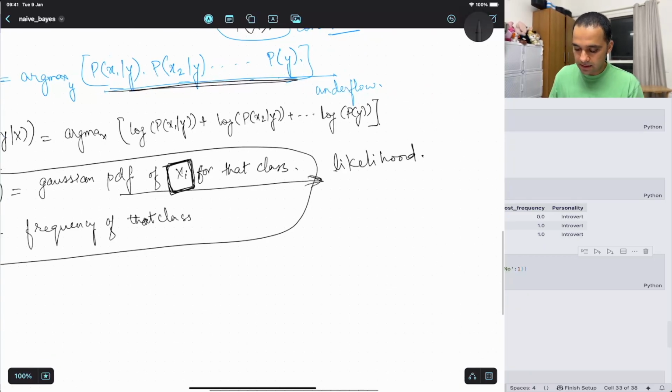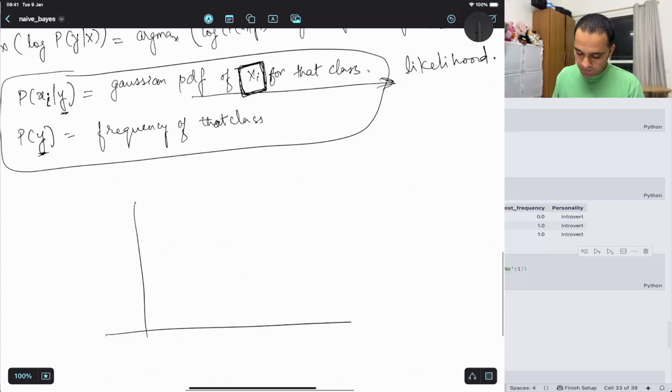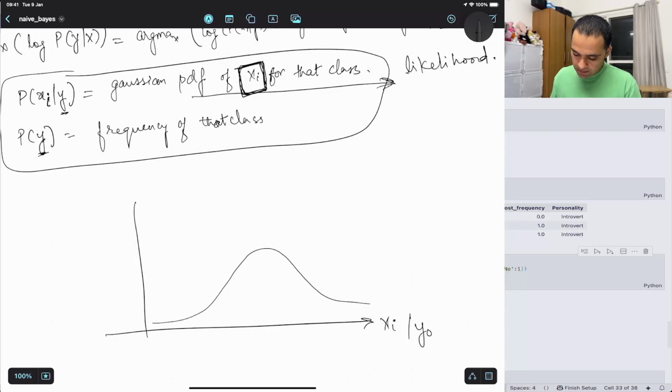So let me draw a diagram. Let's say xi is here for class y0, and its probability density function comes out something like this. Now, what is the probability of x1 given y0?